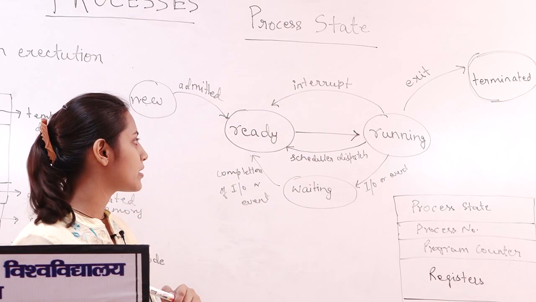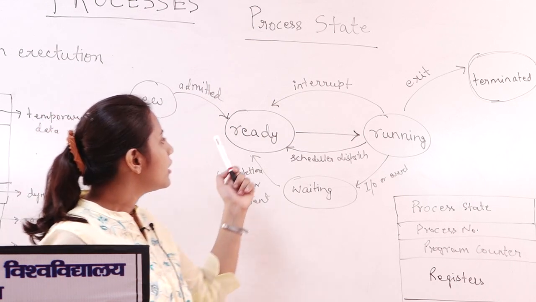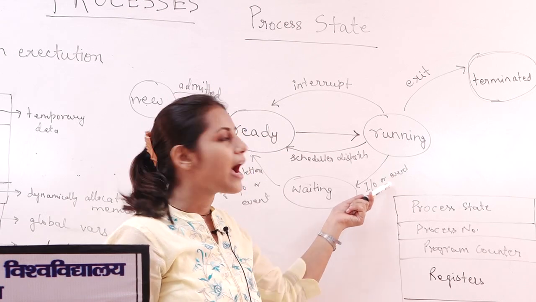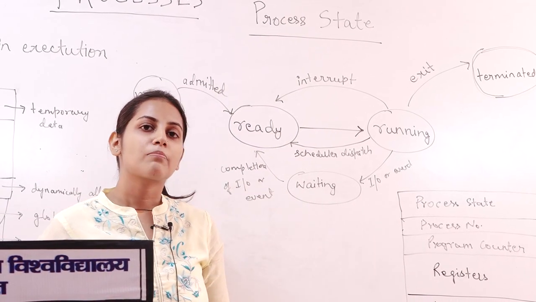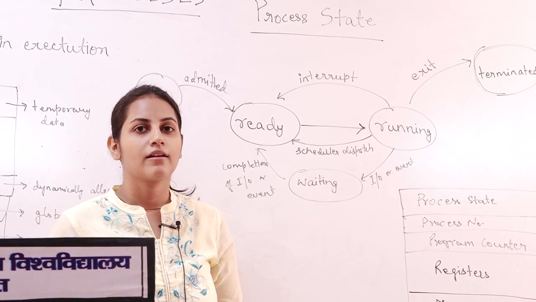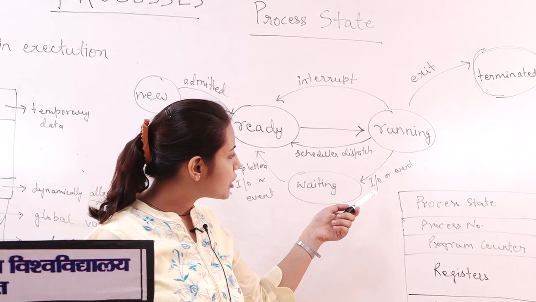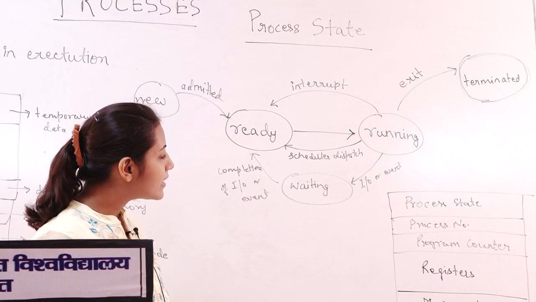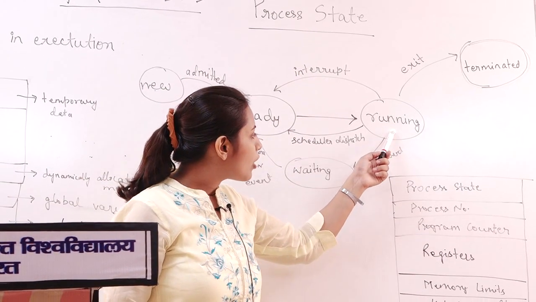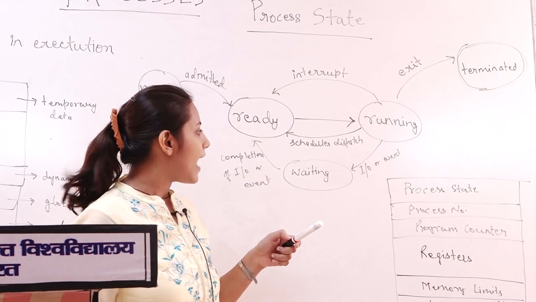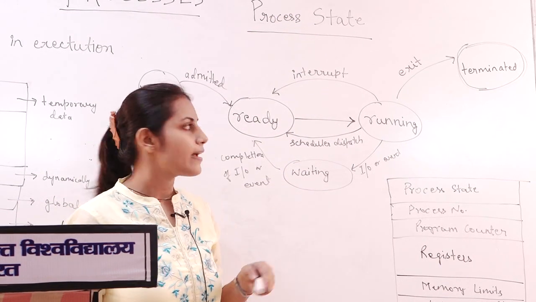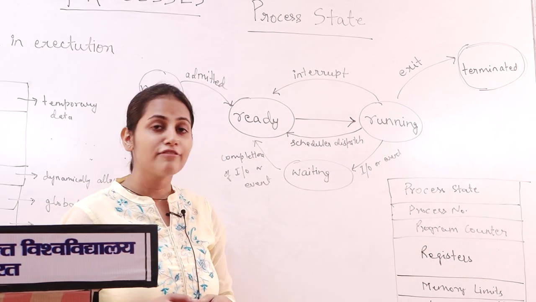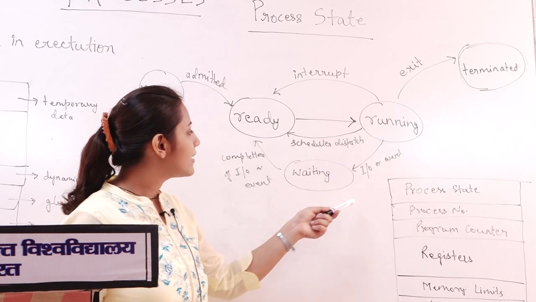Otherwise, the running process might at some point of time require to do some I/O, like the process might print something on the console. This requires an input-output operation that accesses the console and prints the content on it. When this happens, the process goes to the particular device and waits in the device queue, and in that case the CPU simply switches to another process, and therefore this process stops running and gets to the waiting queue.